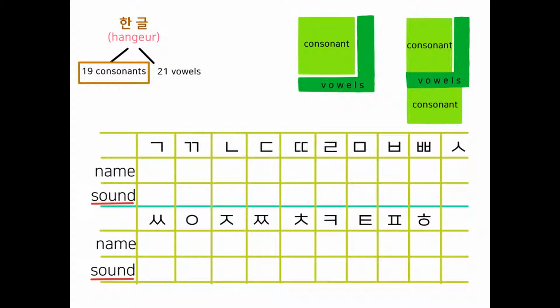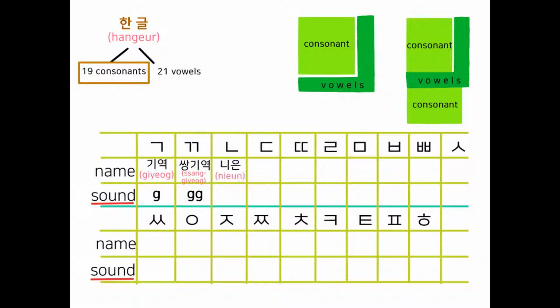This first letter here is called 기역. It has a G sound, which sounds like 그. The second letter here is called 쌍기역, and it has a double G sound, which sounds like 끄.